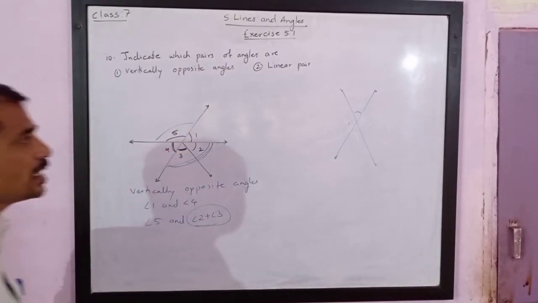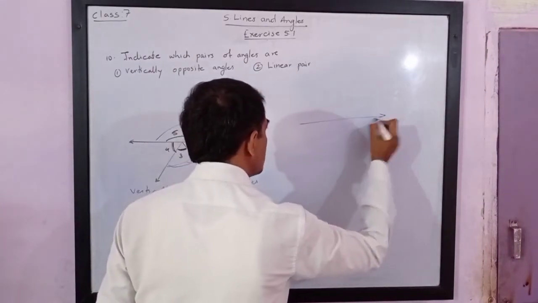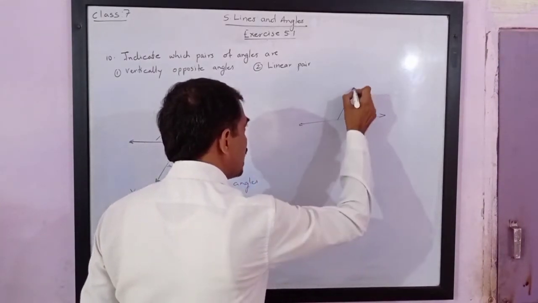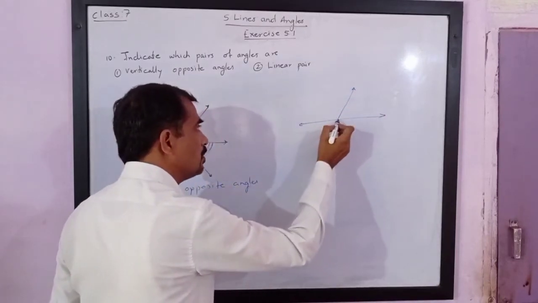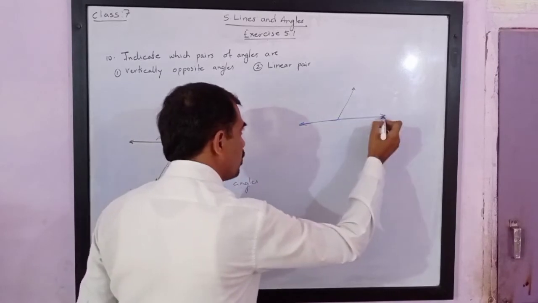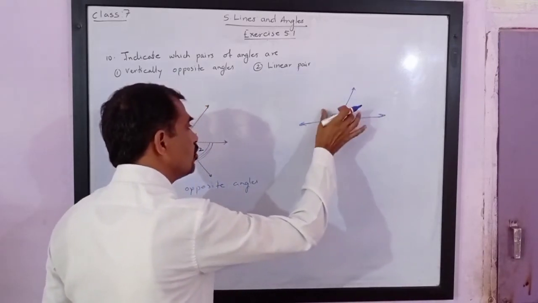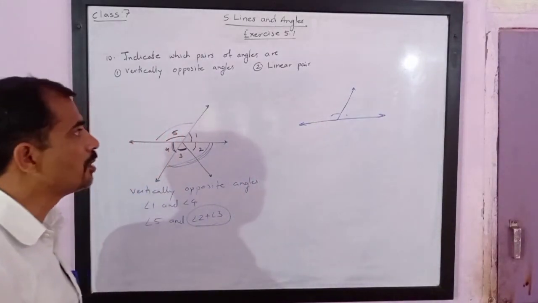Now let us study which are the linear pairs. We already know adjacent angles with uncommon arms as opposite rays, and a common arm to both the angles, we call such angles a linear pair.